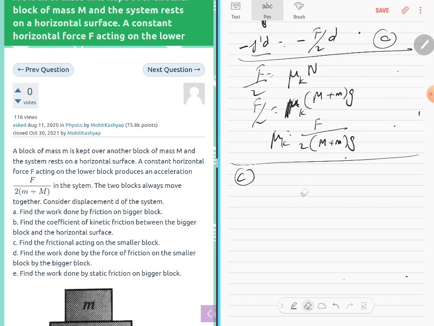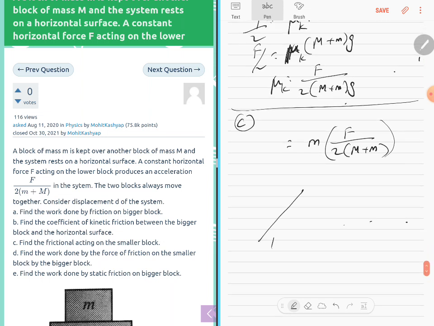It's moving. So what's moving with what? Small m is the mass of the upper block, into the acceleration, which is given in the question as F by 2 into (M plus m). So this is the mass into acceleration, and the static friction is equal to the applied force, since the top block is not sliding.